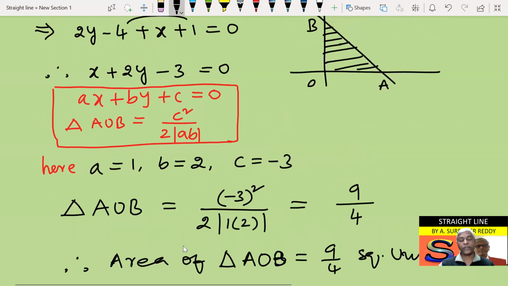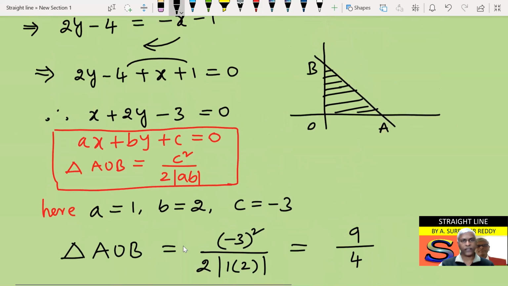In the previous class also, whenever the equation of a straight line is given and you want to find the area of the triangle formed by the line with the coordinate axes, in two ways you can find it: by transforming the equation into intercept form and taking the intercepts using the half into base into height formula.